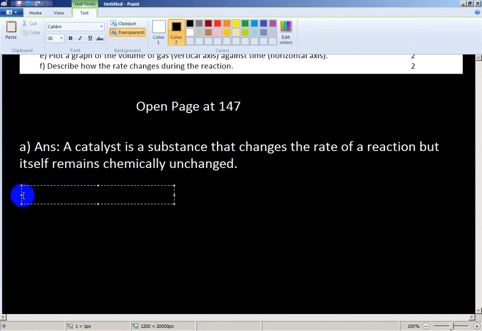Question number B answer. The suitable apparatus, diagram of a suitable apparatus for this experiment.